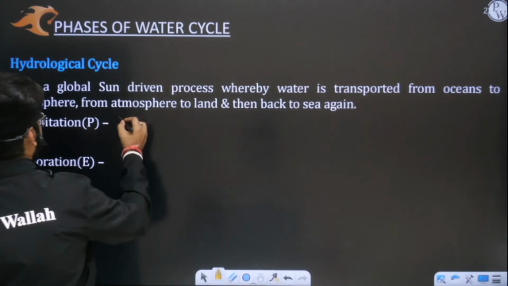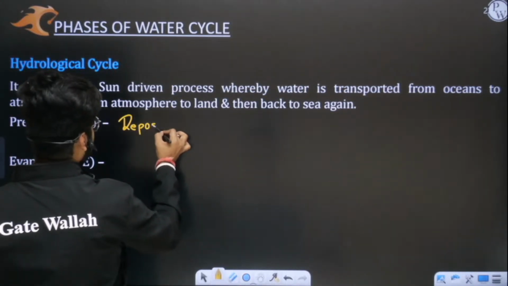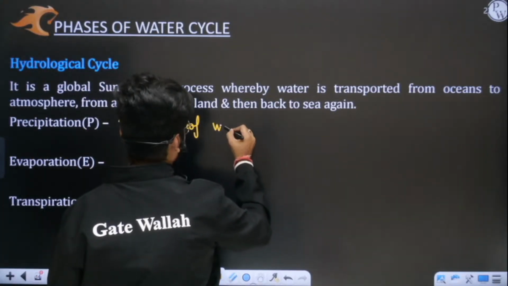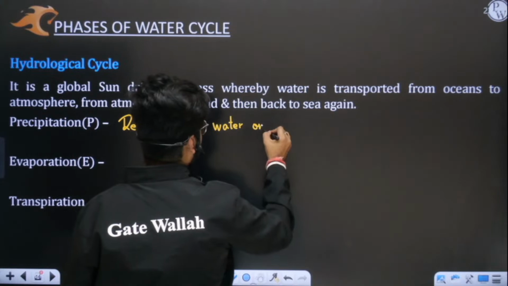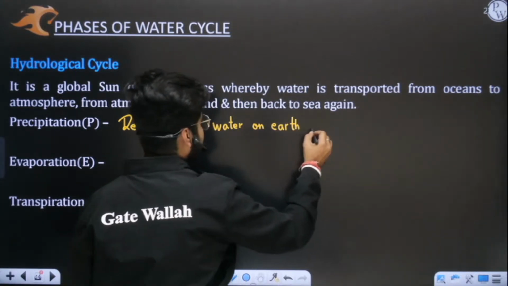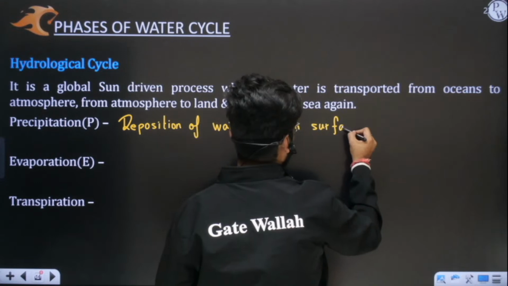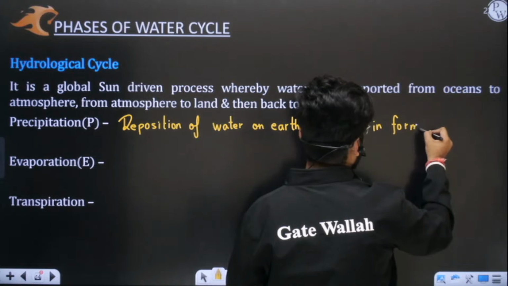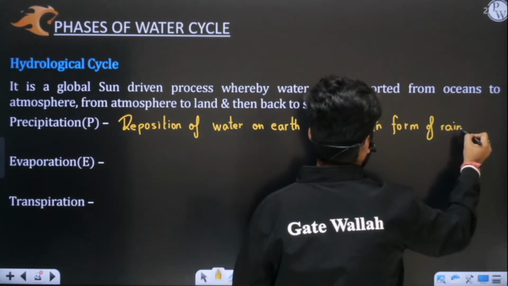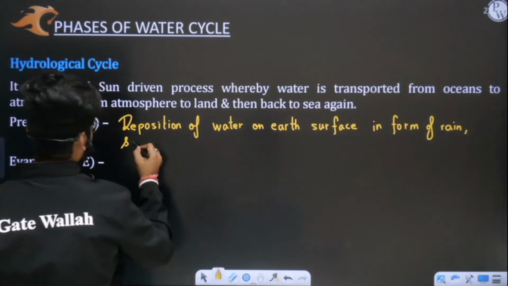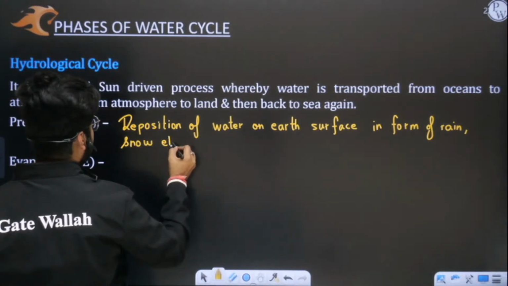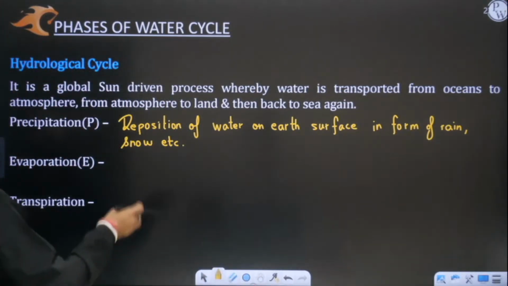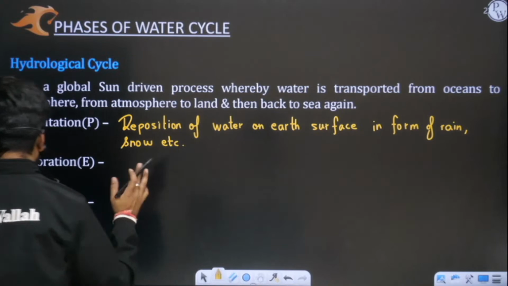Precipitation means deposition of water on earth surface in the form of rain, or sometimes snow, sometimes hailstorm, etc. We have different forms of precipitation that we'll discuss later, but basically precipitation is deposition of water on the surface in the form of rain or snow, etc.